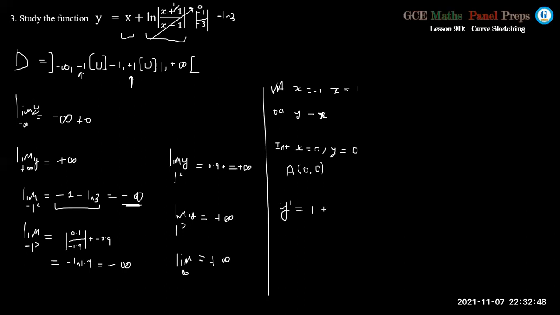The derivative of this core is bottom constant times differentiate top, x minus 1 differentiate the top, you just have 1, minus the top constant times differentiate the bottom, x plus 1, which the bottom you have 1. All this on the bottom squared, all this on x minus 1 squared.